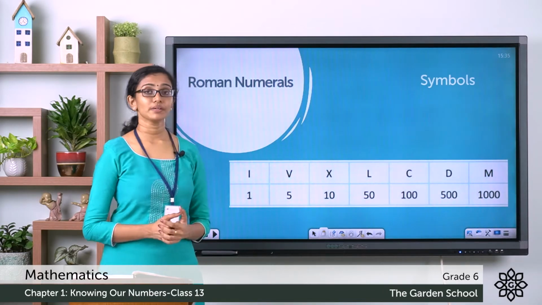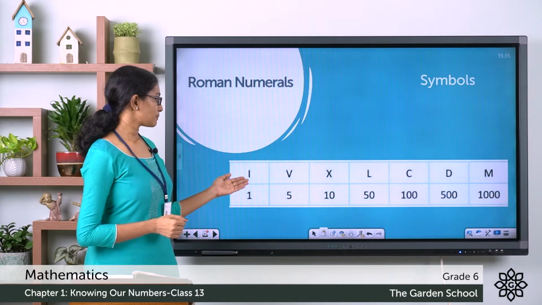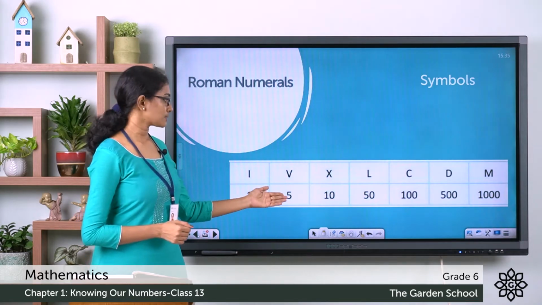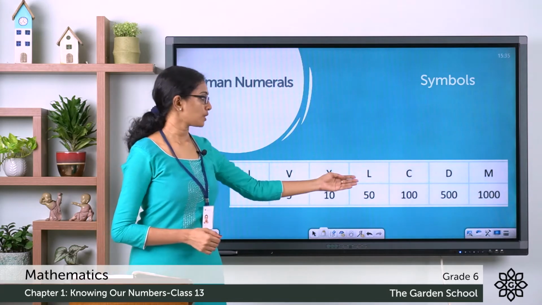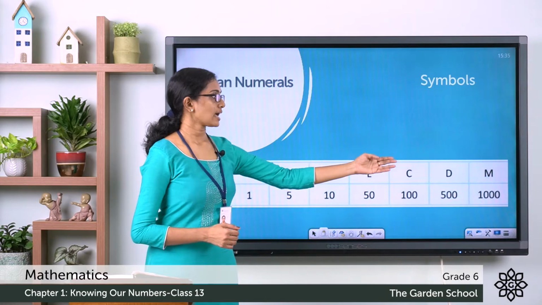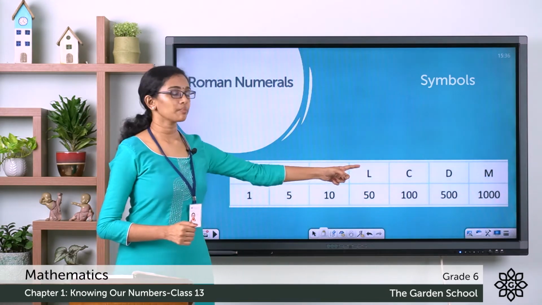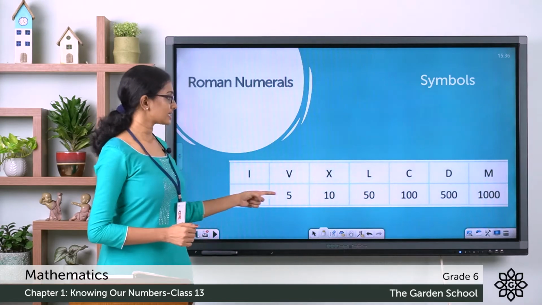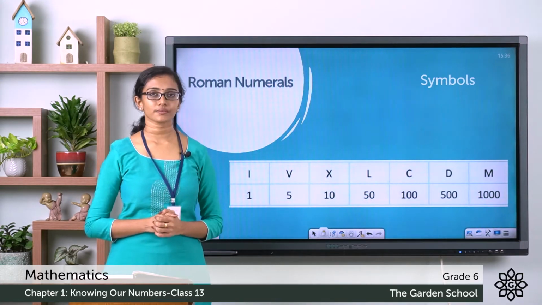These are the symbols used in the Roman numeral system. You have a symbol for 1, a symbol for 5, a symbol for 10, one for 50, a symbol for 100, 500 and 1000. These are the Roman numerals and these are the equivalent values of them in Hindu-Arabic numerals.